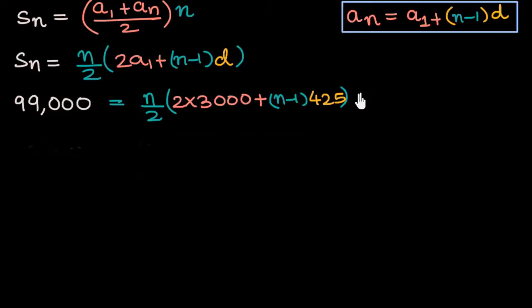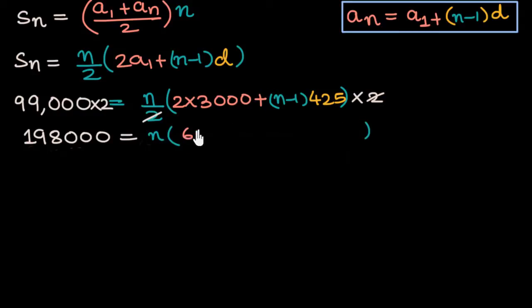Okay. So on multiplying both sides of this equation by 2, on the left hand side we'll have 1,98,000 and on the right hand side we'll have n times 2 times 3000, which is 6000. And if I distribute 425 over n and negative 1, I'll have negative 425 plus 425 times n, or 425n.